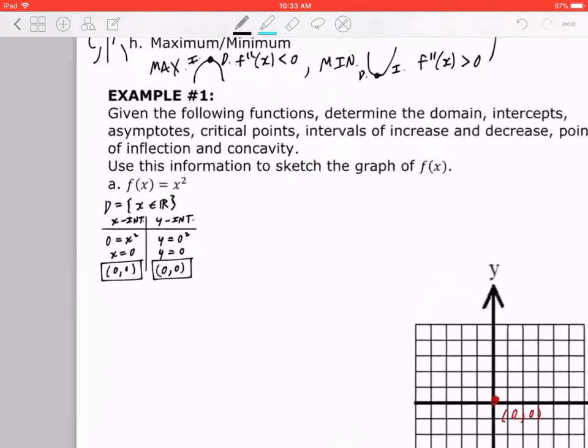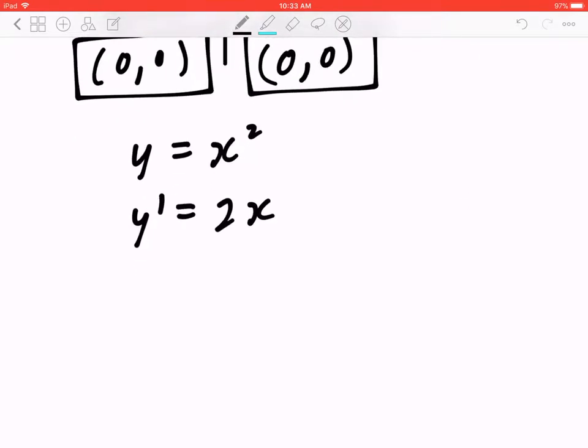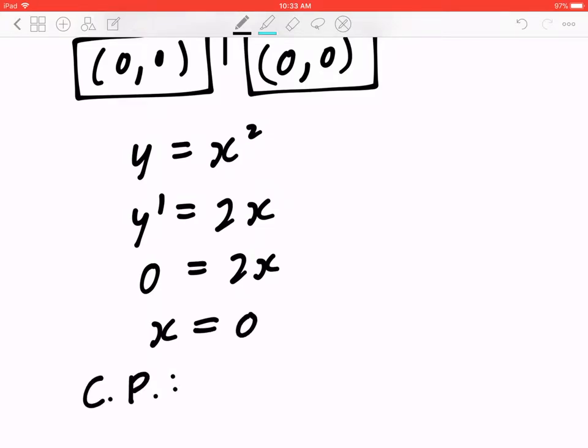Now, the next part is to find the critical points. So we know y equals x squared. To find a critical point, you have to find the derivative, which is 2x in this case. You have to set this to be 0 and solve for x. And again, always form the habit of finding the critical point or points and not just the x value.